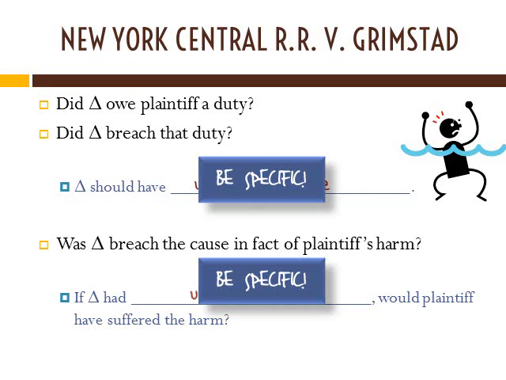To say that the plaintiff wouldn't have suffered harm if reasonable care had been used, again, it doesn't really tell you what the defendant should have done, and it doesn't really tell you whether there is cause in fact. So you need to be specific. You need to identify specifically what the defendant should have done, so that when you get to cause in fact, you can say realistically whether, if the defendant had done that, it would have made any kind of a difference.